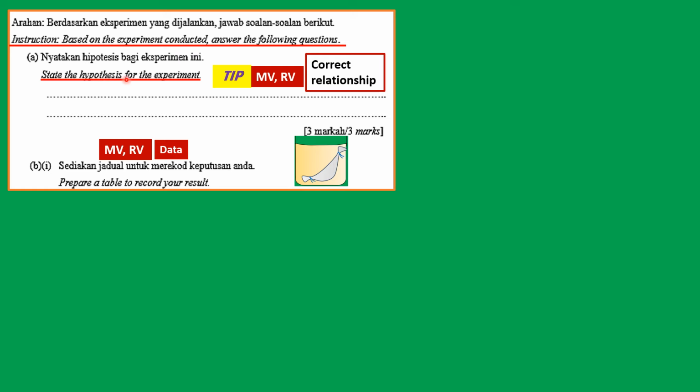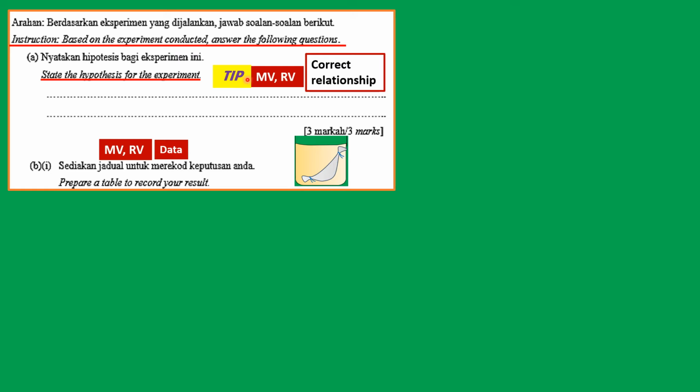Like for example, hypothesis. What are the criteria for the hypothesis, or what are the components for hypothesis? Usually it is the main MV and the main RV from the objective, or sometimes the sub MV and sub RV from the experiment is accepted as part of the hypothesis.